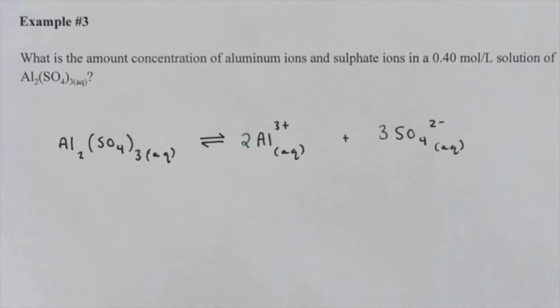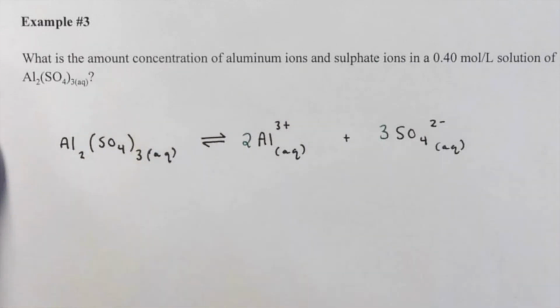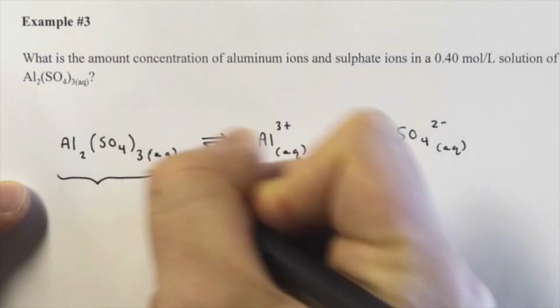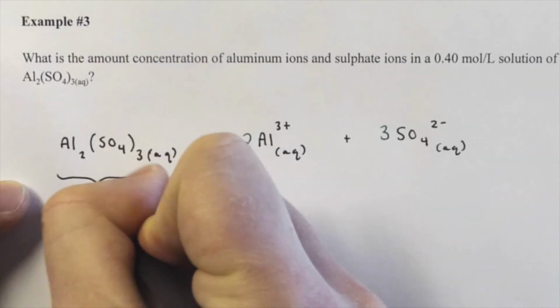All right, so now that I've written this dissociation equation, I can tackle this problem a little bit better. I'm told I have a 0.40 mole per liter solution of aluminum sulfate.